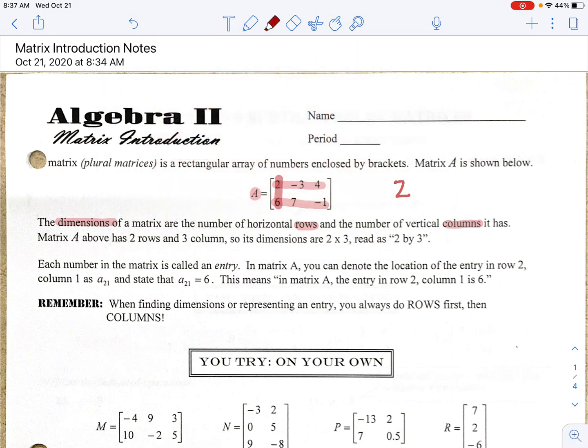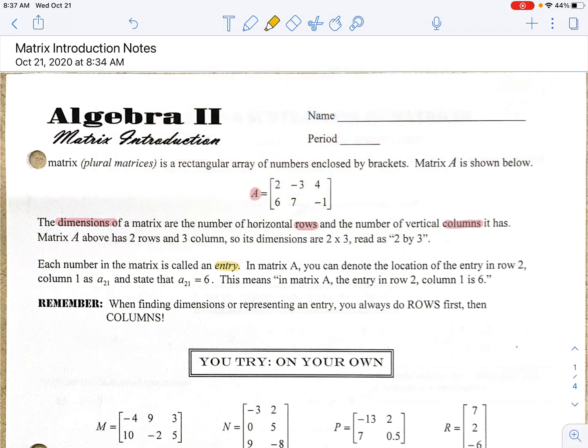Then you look at how many columns it has: 1, 2, 3, so 3 columns. So this is a 2 by 3. You could also say 2 by 3, but I write it like this, a 2 by 3 matrix. So that's the first part, figuring out what your dimensions are.